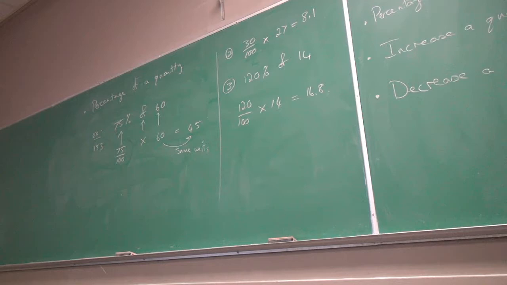What is this really representing? It's a portion of 100. So it's a fraction with 100 as a denominator. No one wants to say 75 hundredths of 60, so percent is just nicer to talk about. What is the of?